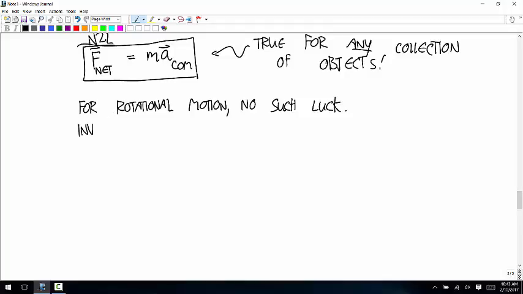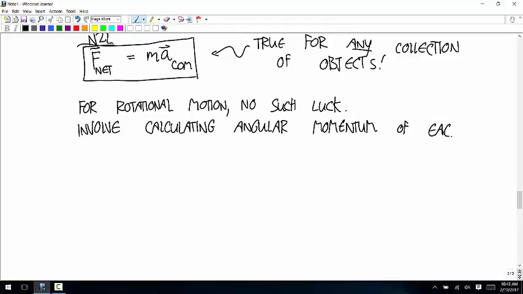There is some stuff you can say, but it would involve calculating the angular momentum of each individual particle and adding them up.